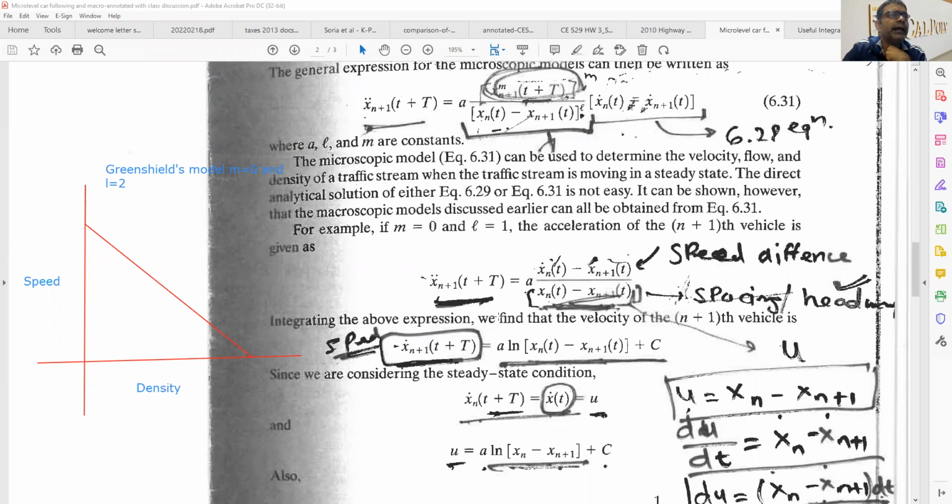If M equal to 0 and L equal to 1, you'll get x_{n+1} dot (t + T). So same thing as the left-hand side, nothing changes there.